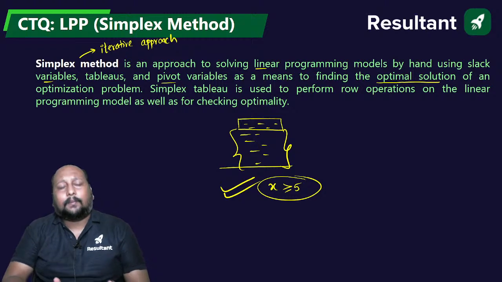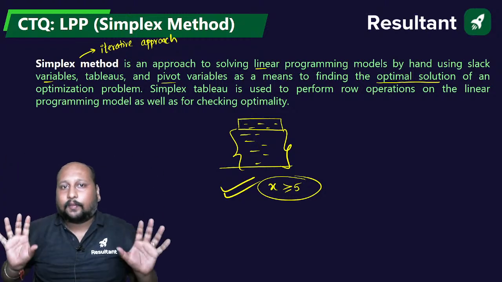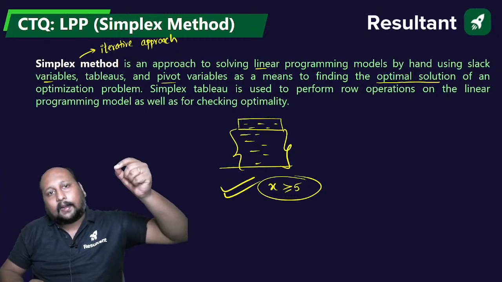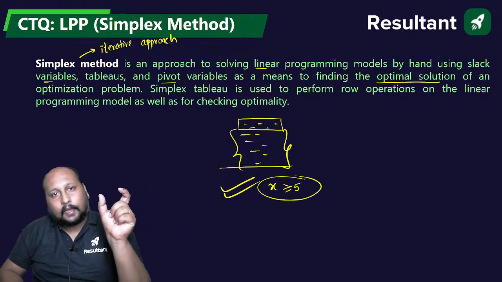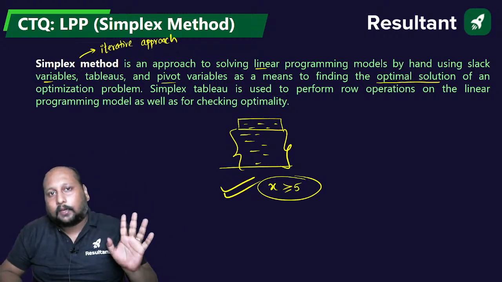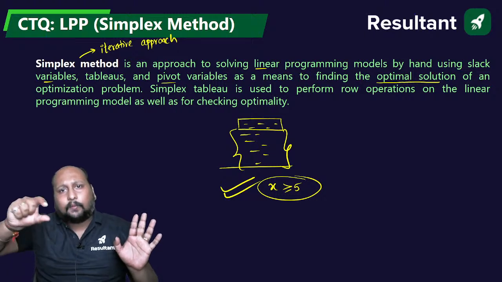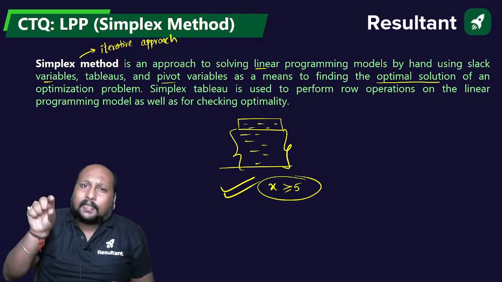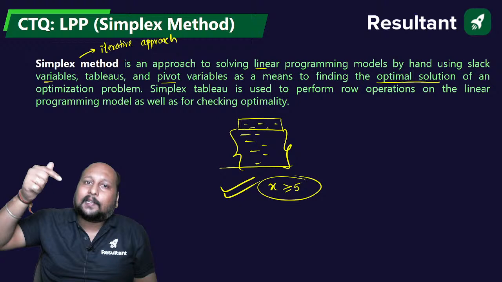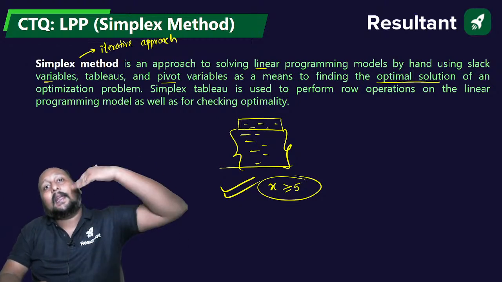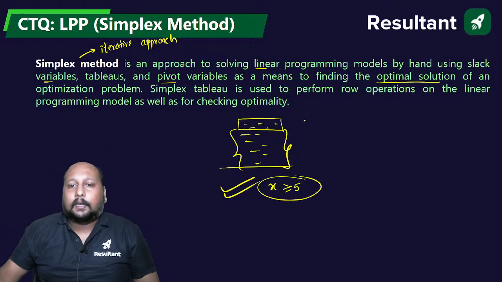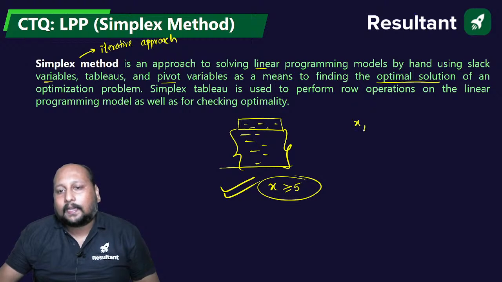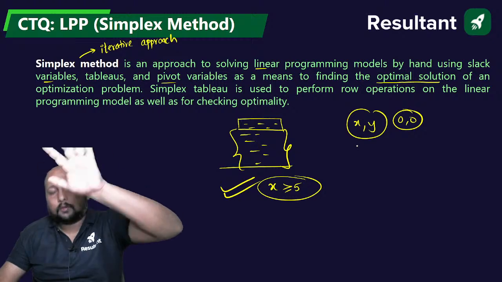तो iteration का मतलब ये है, let us suppose I am having some set of equations. So we try to take one set of values and we try to place that value in that particular equation. ठीक है? So we'll be getting one result, and we check whether that result is optimal or not. If that result is not optimal, then we try to take the next values. मान लीजिए you are taking x and y, one set of value. Let's say I'm taking x equal to 0, y equal to 0.